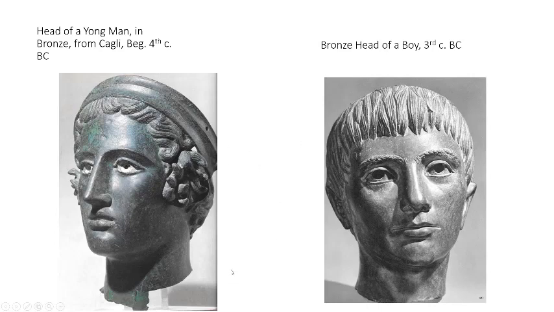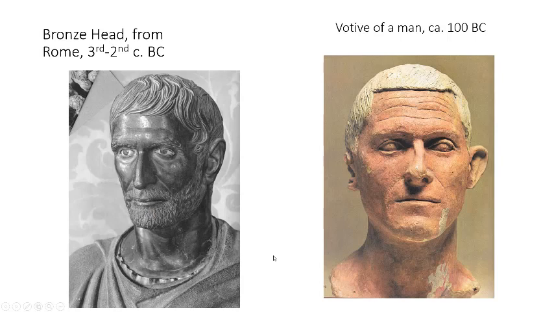Clearly influenced, I would suggest, by what's going on in Greece. You can see a big difference in how they're depicting the human body. And even later yet, going now to the 3rd to the 2nd century BC, we get something much more veristic, real looking, like an individual.